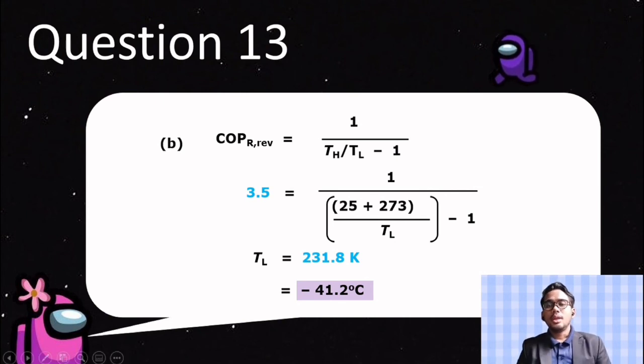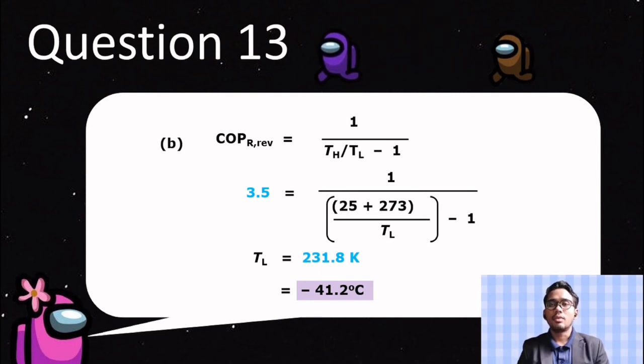Okay, for question B, the formula is quite similar, but it has a difference. So we put COP R equal to 1 over TH divided by TL minus 1. The previous formula is different because it was TL divided by TH.